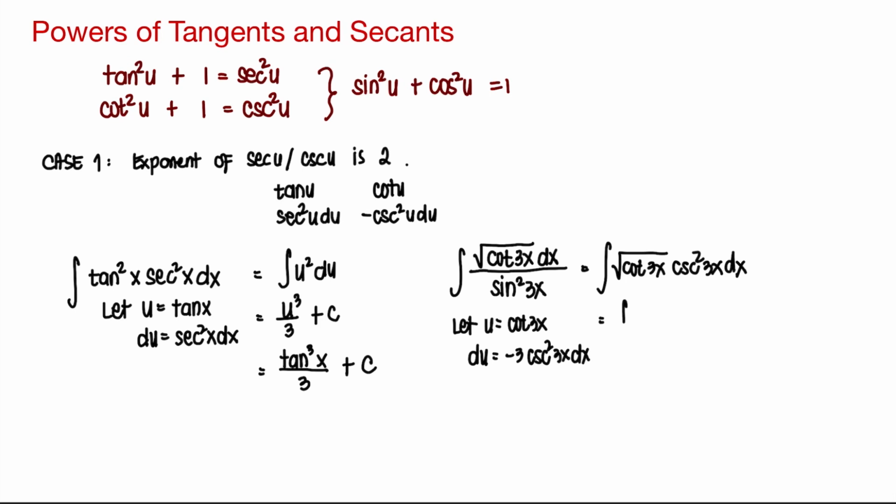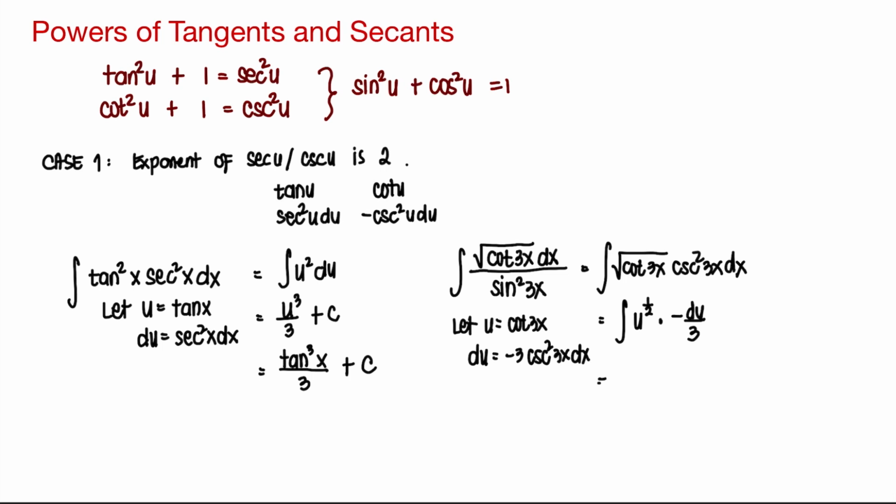Substituting, this is now u raised to the power of 1/2, and our cosecant squared 3x dx is negative du over 3. Remember, don't forget to put a multiplication sign to indicate that you're multiplying here, because if you don't put this here, it's just like you're subtracting du over 3, which changes the operation.